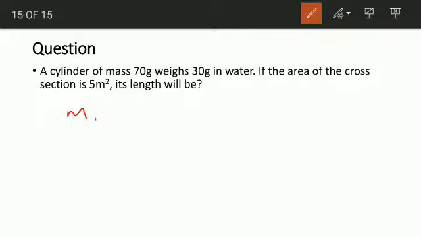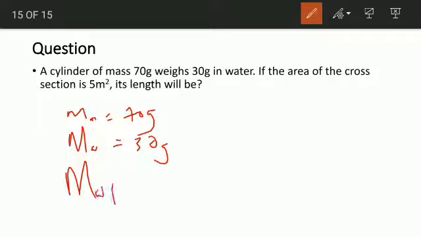So we can say the mass in air is 70 grams and the mass in water is 30 grams. Okay, so that means the upthrust, which is the mass of water displaced, is equal to 70 minus 30, which is equal to 40 grams.